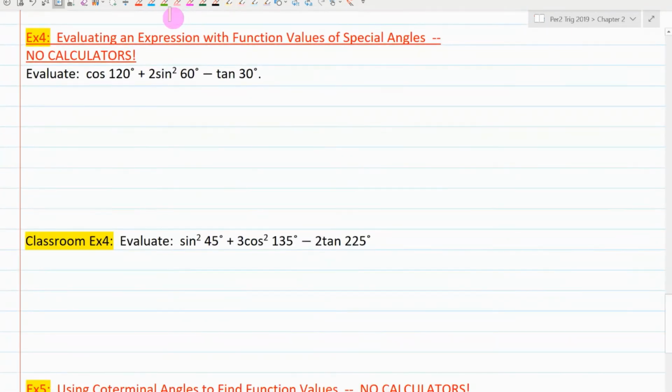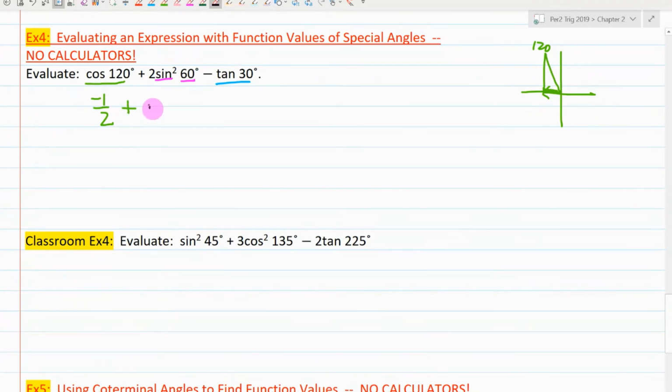All right, for this part, we will be doing cosine of 120, sine of 60, and tangent of 30. Let me put them in different colors so you can see which one I'm going to do. So cosine of 120, since that's 120, cosine is the x value, so it's a short leg, but it's negative.